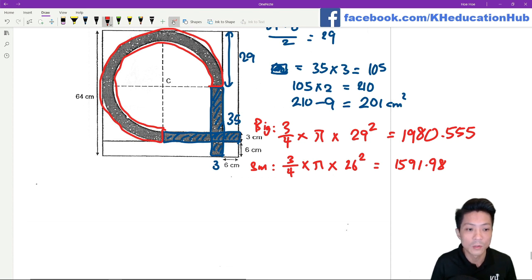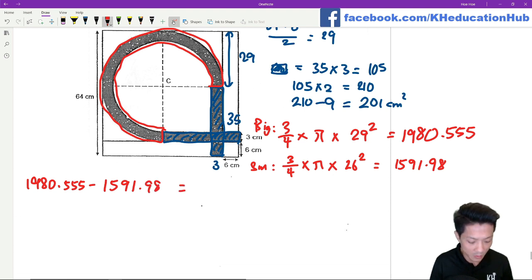Okay, I'm going to continue over here. If I were to use 1980.555 subtract 1591.98, that is going to give me 388.575.